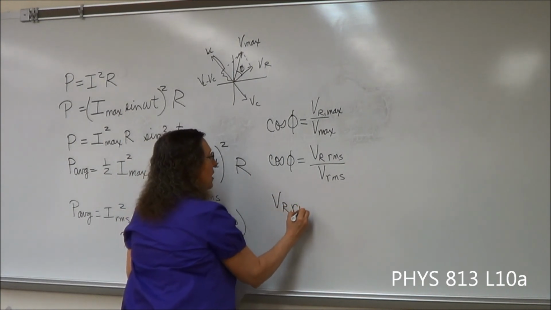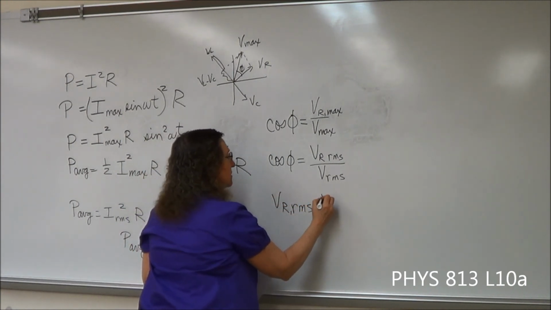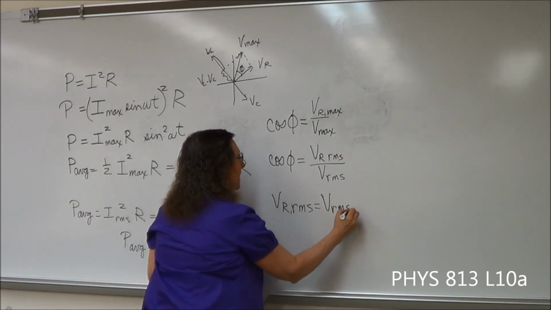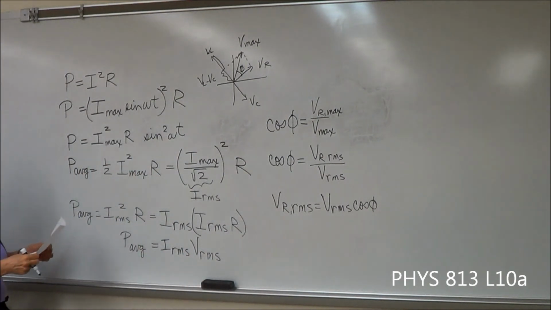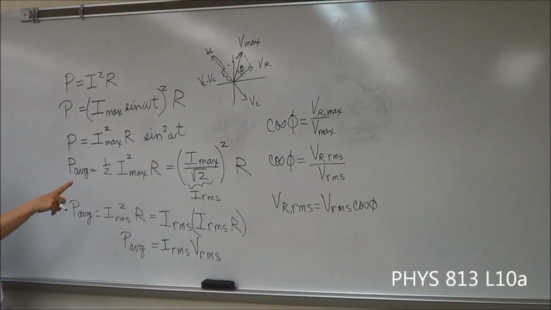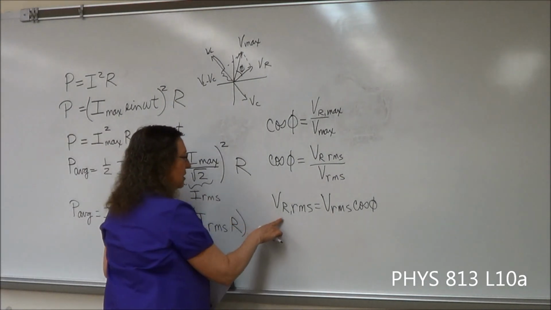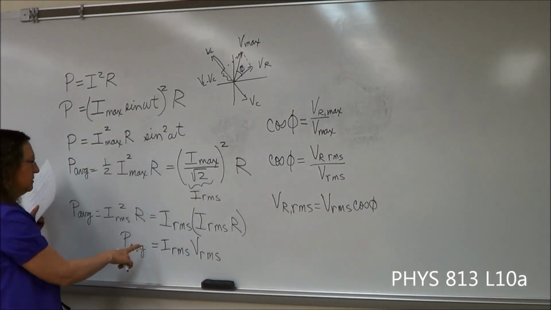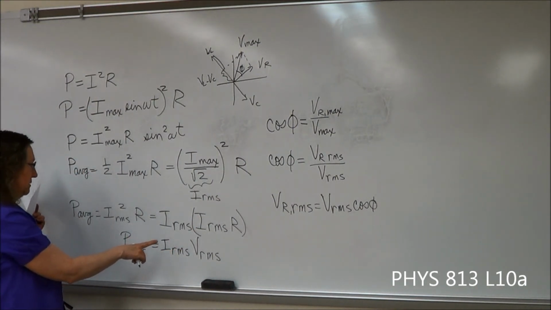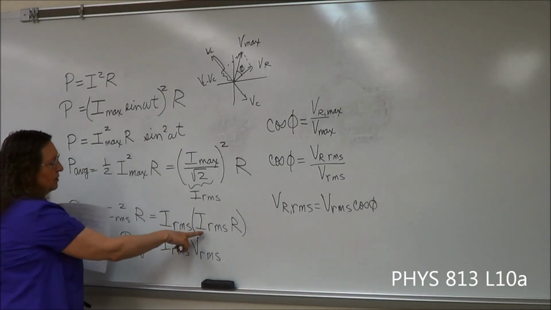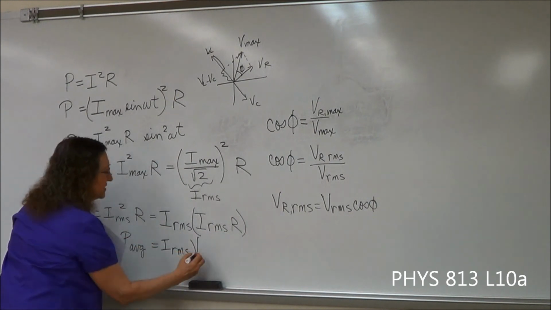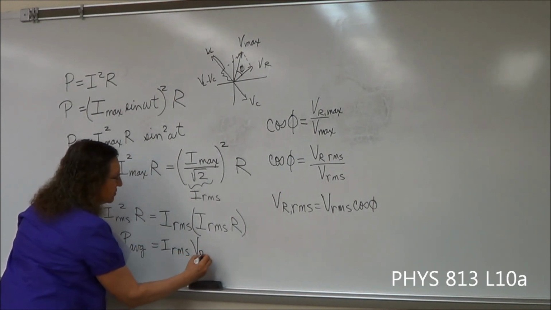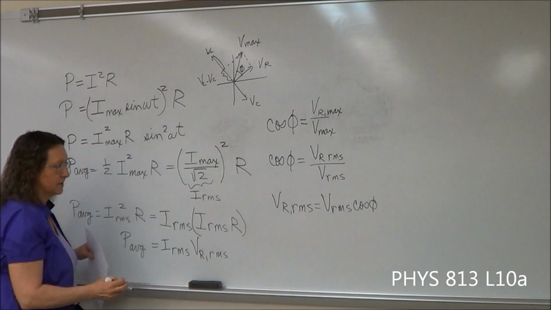The VR RMS is V RMS cosine of phi. And then we can put that back into here. We can substitute, okay, hold on. This I times R is the voltage across the resistor. So this should be the voltage across the resistor, RMS.